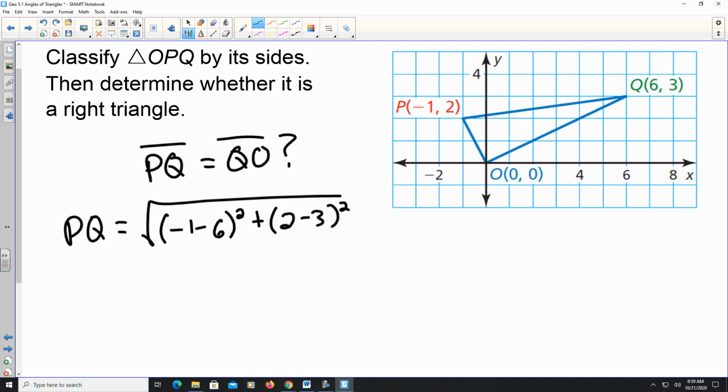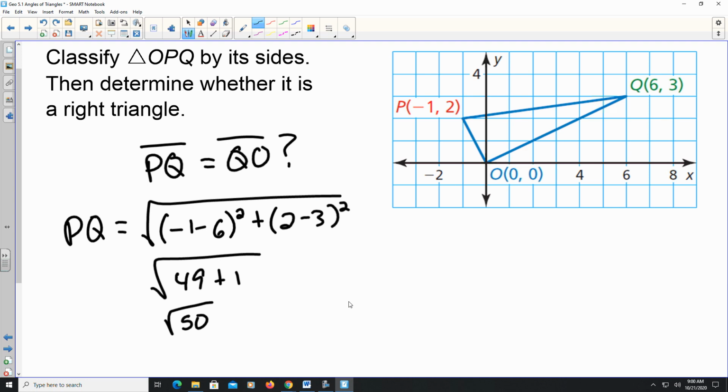Looking at this, I get -1 minus 6, -7, square that, I get 49. So I get the square root of 49, and I get 2 minus 3, -1, square that, I get 1. So I get the square root of 50.